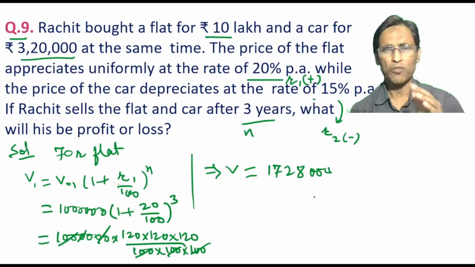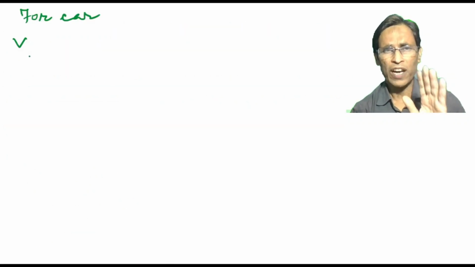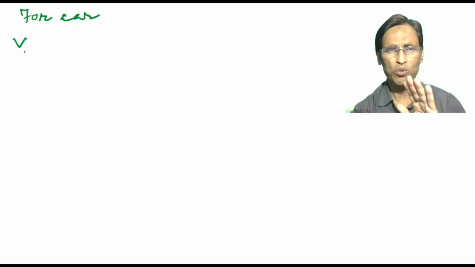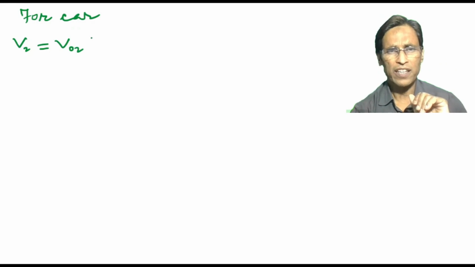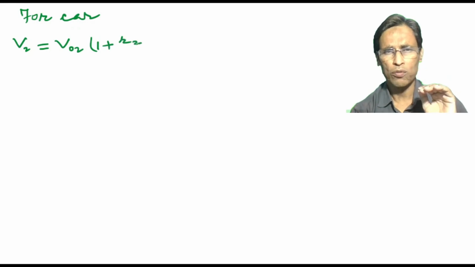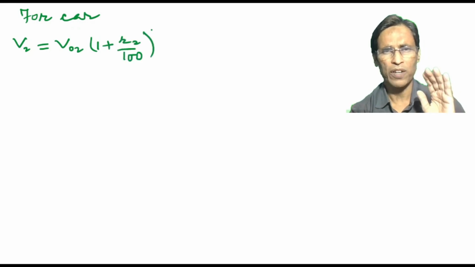Now we proceed to find the value of the car after 3 years. For the value of the car after 3 years, we use the symbol V2. And so V2 will be V02, where V02 is the symbol for the initial value of the car. And so V02 times 1 plus R2 by 100 to the power n.